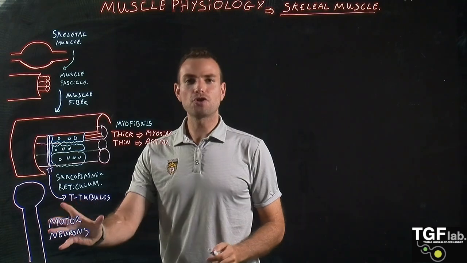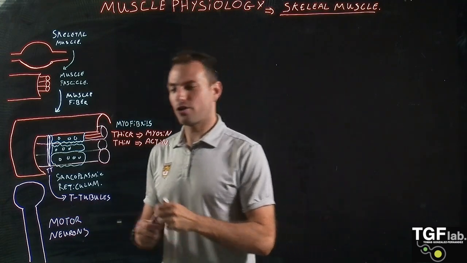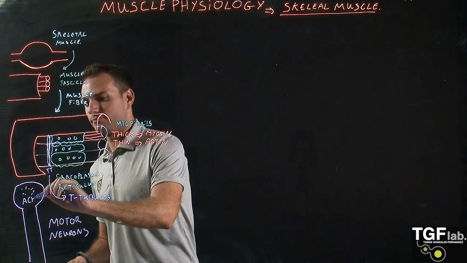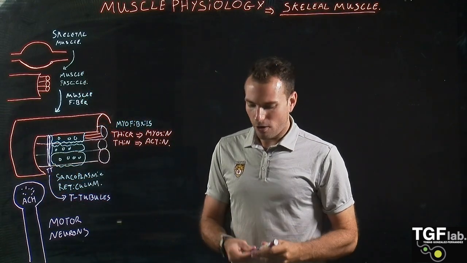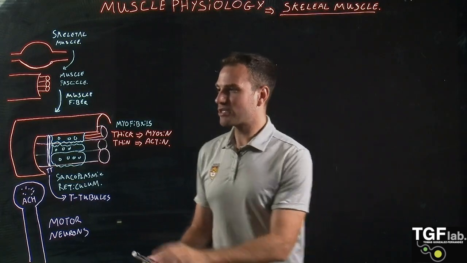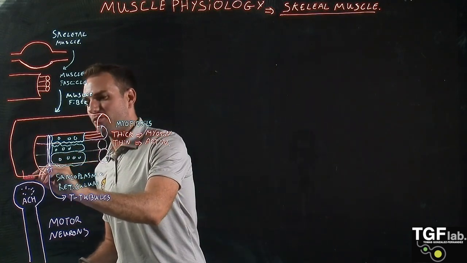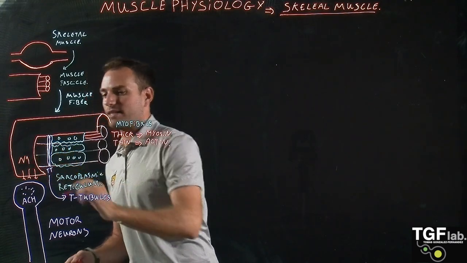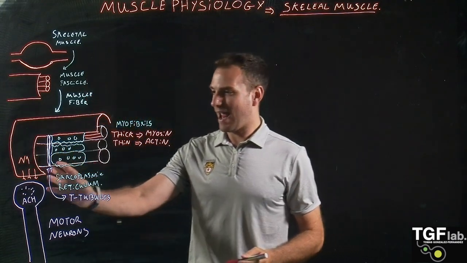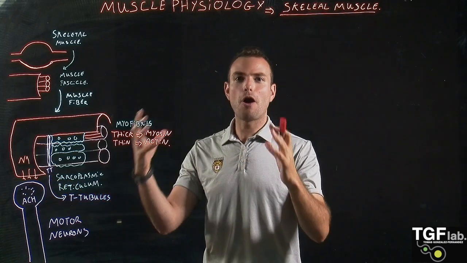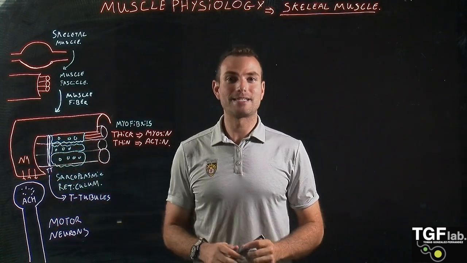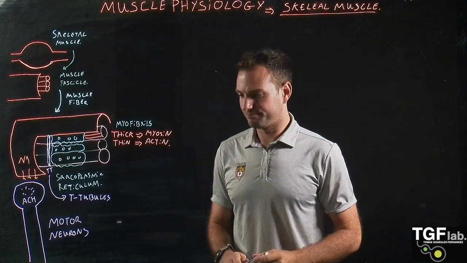Okay, and these motor neurons here, the neurotransmitter that they secrete is acetylcholine, and therefore the receptors here on the muscle fiber are going to be nicotinic N1 receptors. And the complex of the binding of the neuron to the muscle fiber is called the neuromuscular junction.